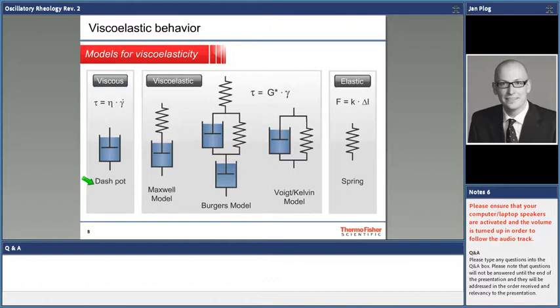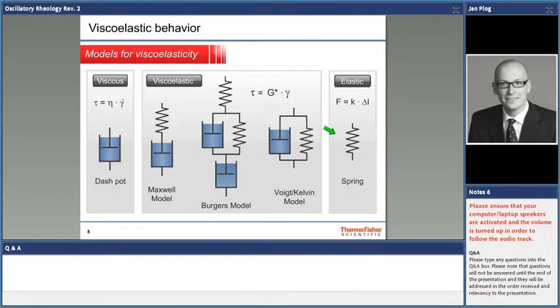Dashpot behavior means you put stress into a certain fluid, and this fluid will run away with a certain speed, as fast as it can. And the speed with which you can actually push the stamp into the fluid with a certain force depends solely on the viscosity. Okay, nothing else. All the energy that you put into the system is what we call dissipated by viscous flow.